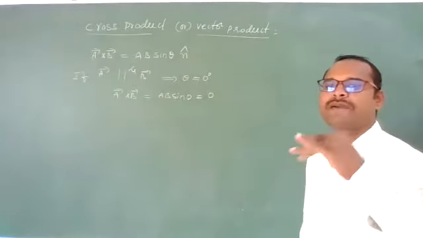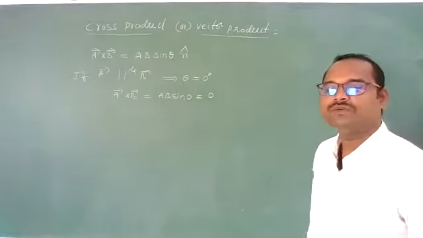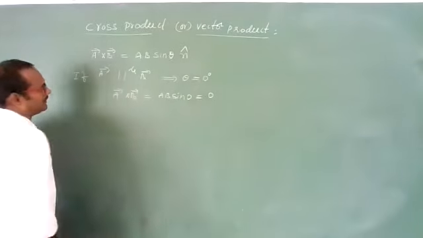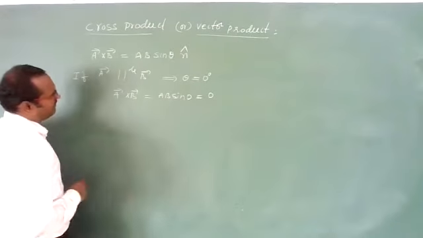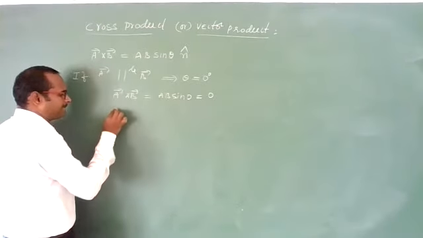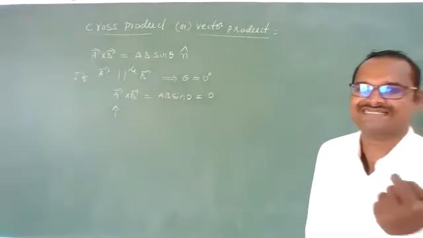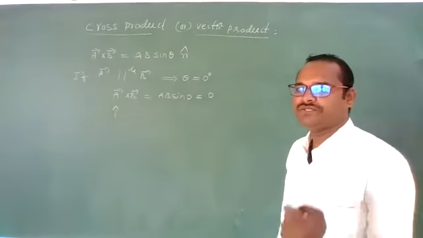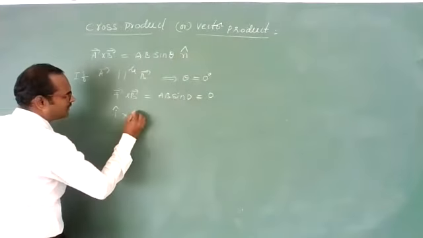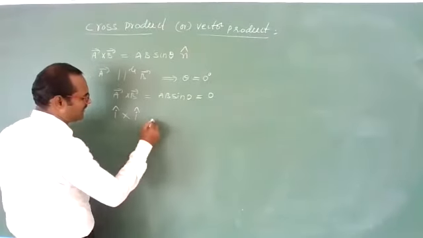If you take two vectors which are parallel to each other and do the cross product between them, you will always get 0. Now, one application. Let us suppose we have the vector I cap, a unit vector along the x-axis. If you do a cross product with one more unit vector along the x-axis, what will you get?